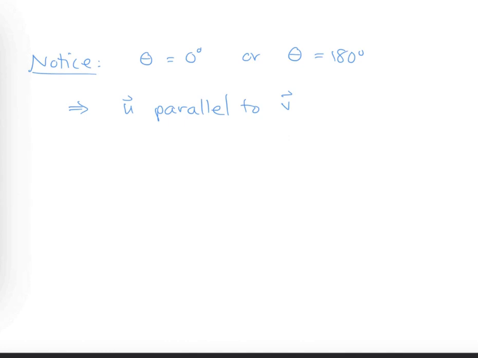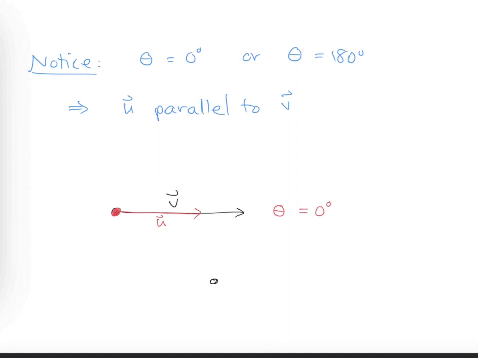So if we calculate the angle in between those two vectors, it must be that vector u and vector v either are in the exact same direction, which would mean that if I slide it so that their initial points are on top of each other, it would look like this, and in this case the angle in between would be 0. The angle in between two vectors is measured when their initial points are on top of each other, and if they're in the exact same direction, the angle between is 0, which means that they're parallel.